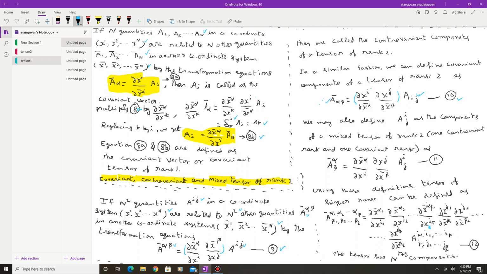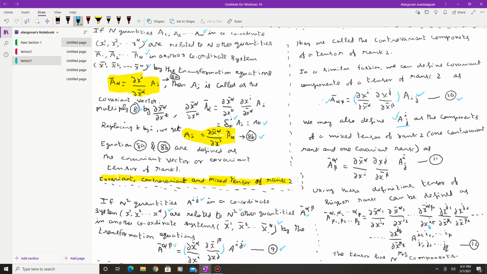If it satisfies equation 10, it is a covariant tensor. If it satisfies equation 9, it is a contravariant tensor. Also we may define A^i_j, with one superscript and one subscript. These are the components of a mixed tensor of rank 2.